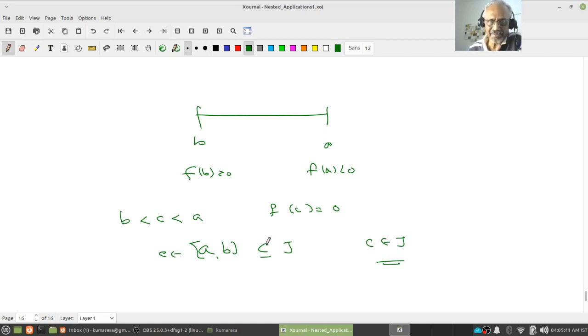That also you should remember. But why is this a contradiction? Because we said for all x in J, f of x is not equal to 0. But then we are getting f of c is 0. So this is how we proved the whole thing.